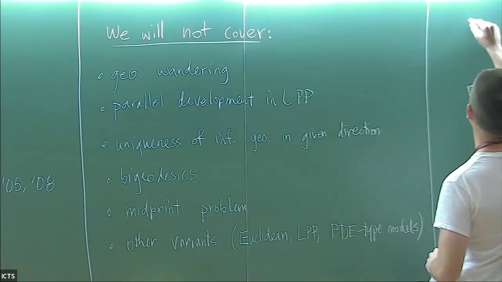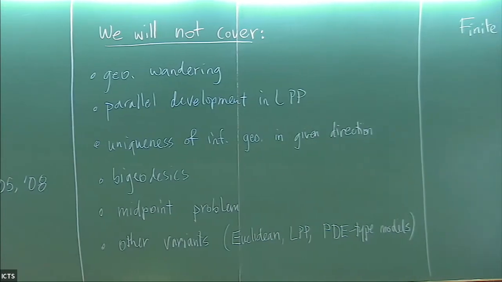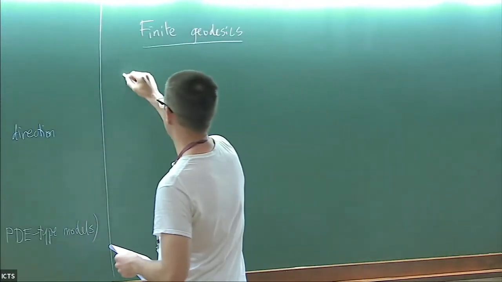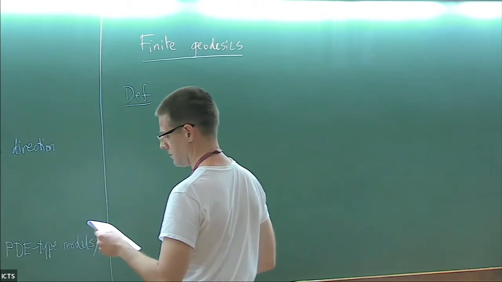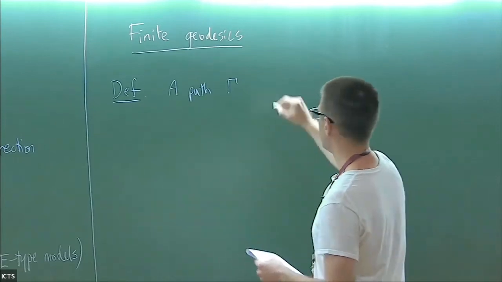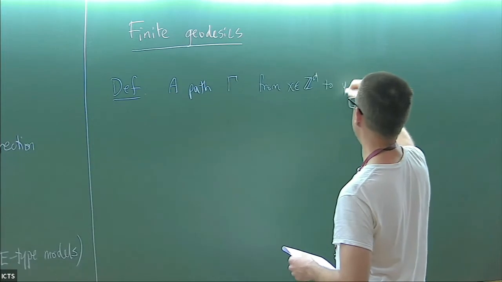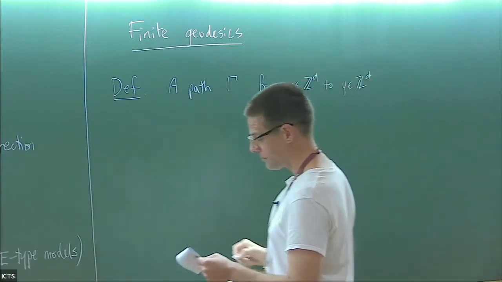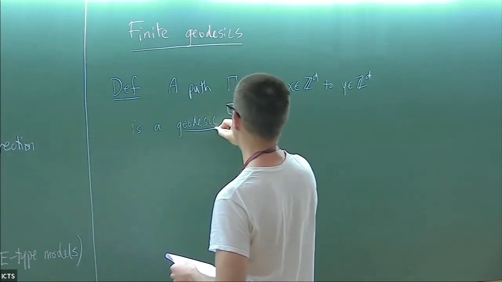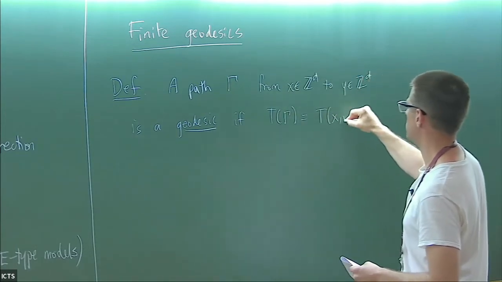All right, so let's start with finite geodesics. Okay, so to start from the beginning, let's give a definition of a geodesic. A path gamma from x in Z^d to y in Z^d is a geodesic if the passage time of the path is equal to the passage time between x and y.